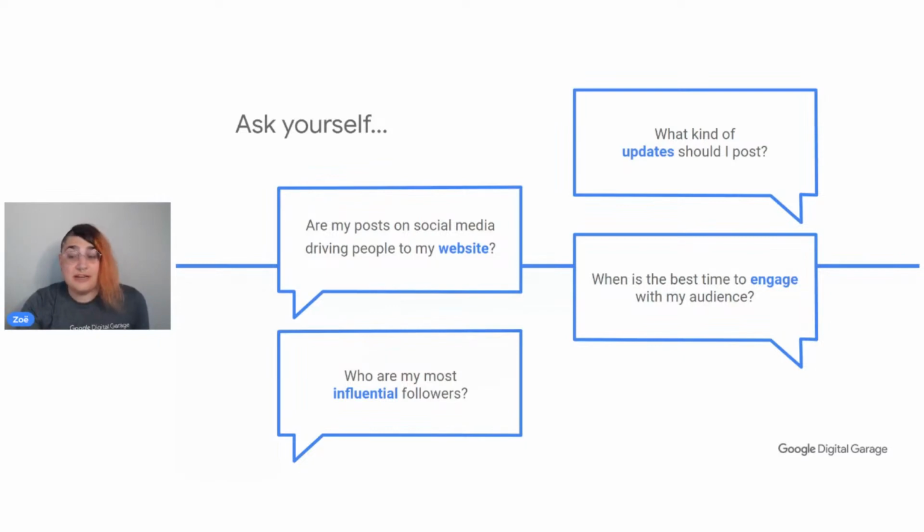That's really important. Your followers are really useful, but are they getting you any business? Are they actually translating into sales? That's a really important question to ask yourself. And you can't learn the answer to that just from social media. You are going to have to combine it with analytics and things like that.